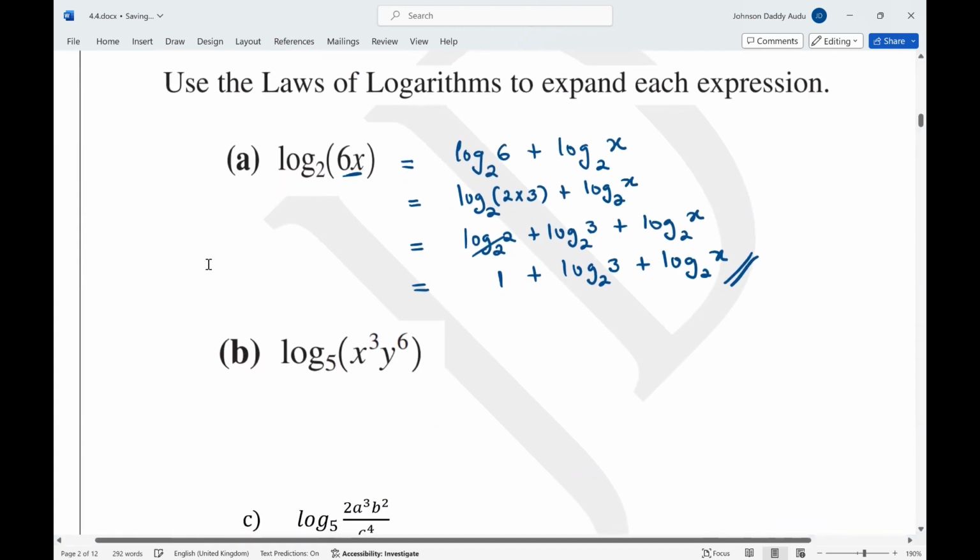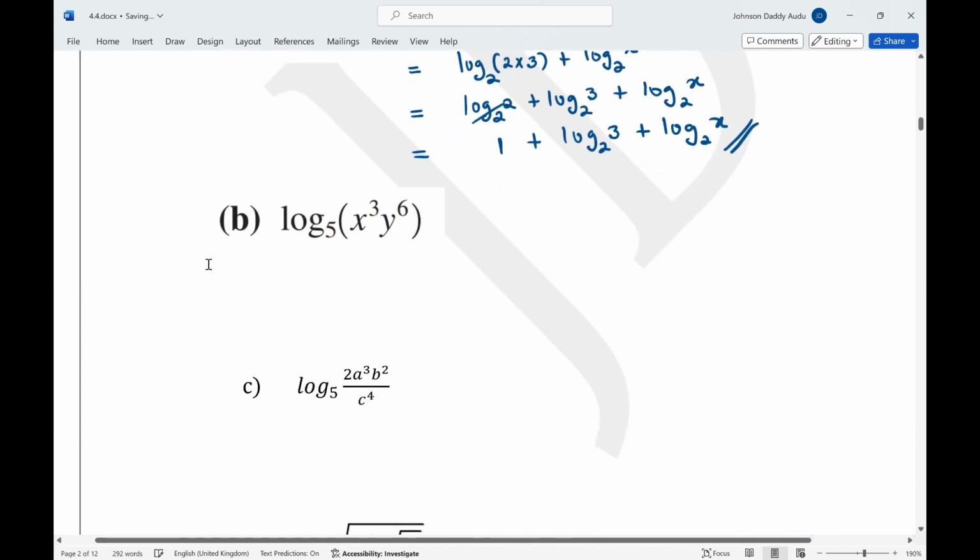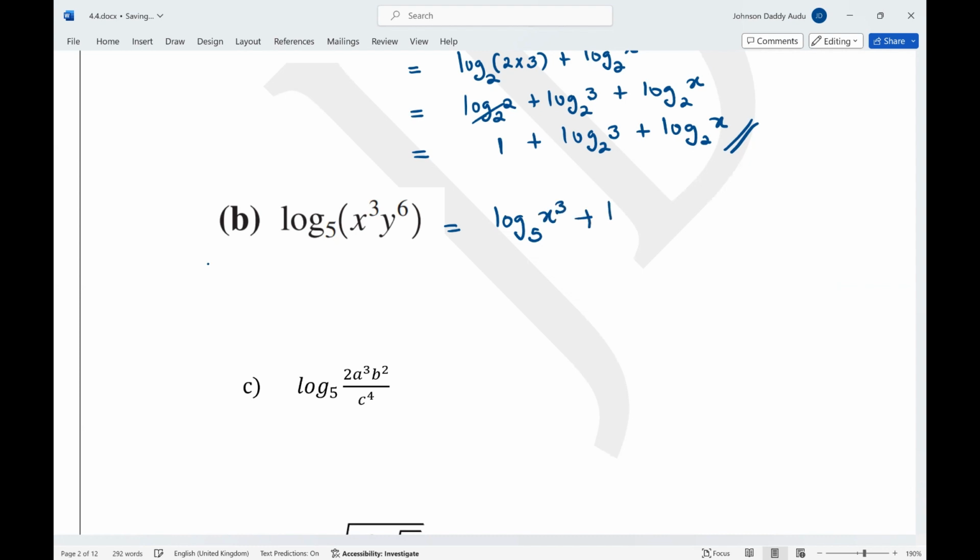For the b, this is also multiplication. So we can break this into log to base 5 of x to the power 3 plus log to base 5 of y to the power 6.